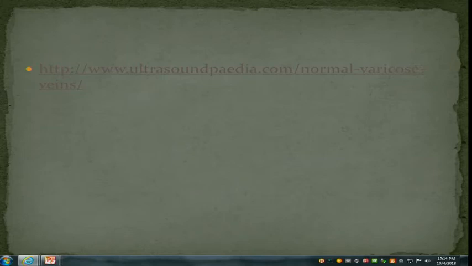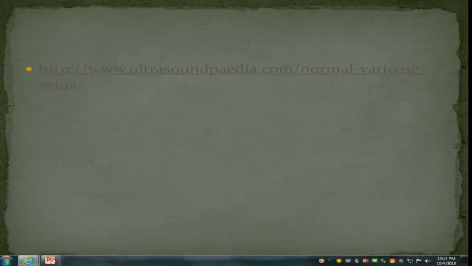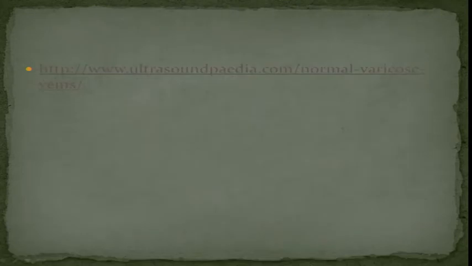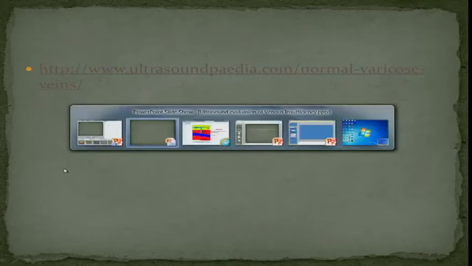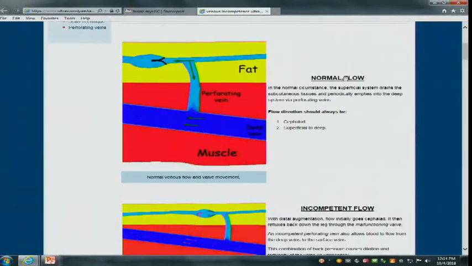Someone will have to come and help me. It's working here, but it's not displaying here. Oh, okay, great. Thank you so much. This was an animation, and I wanted to show it to you.